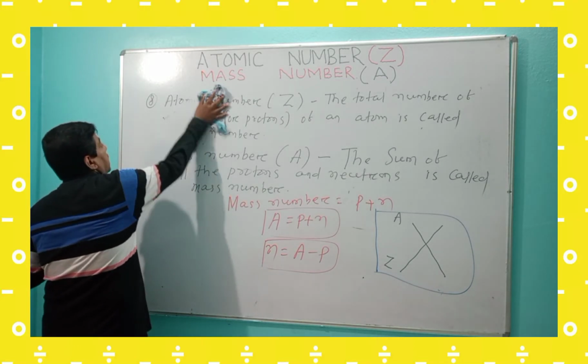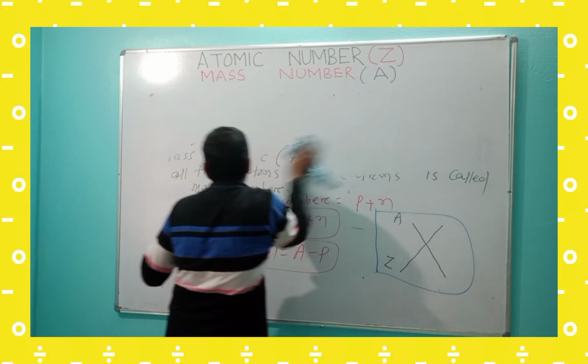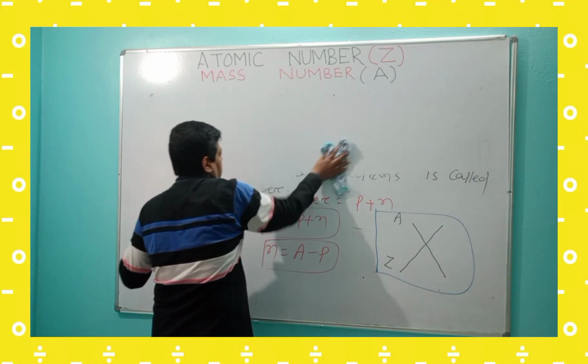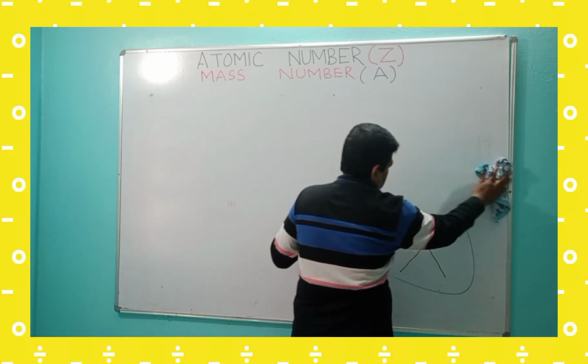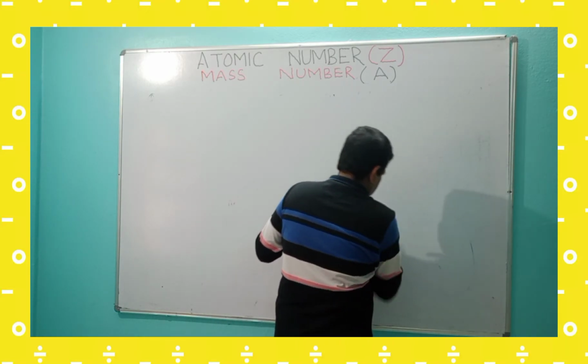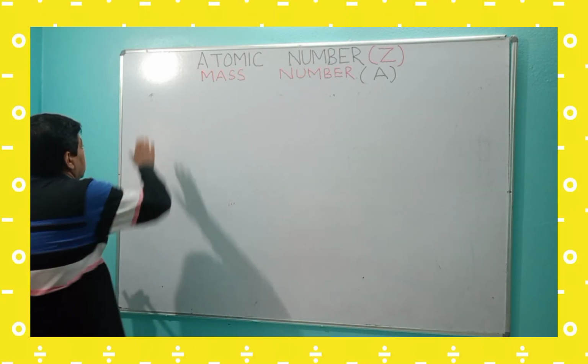Let's see one by one how to determine the number of neutrons of an atom using the concept of mass number and atomic number. First of all we use hydrogen.